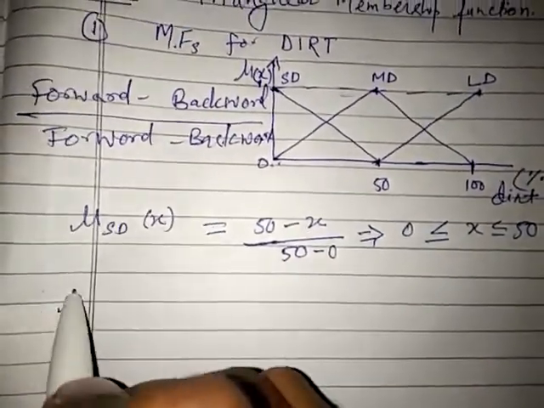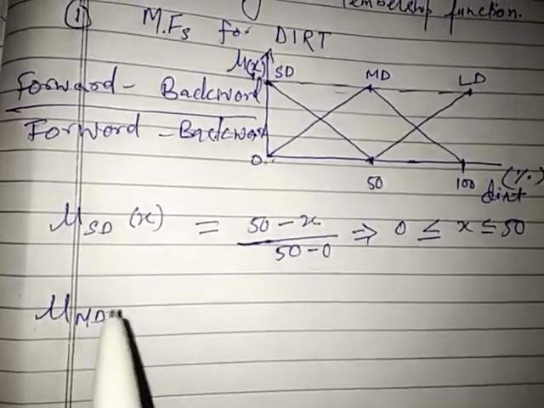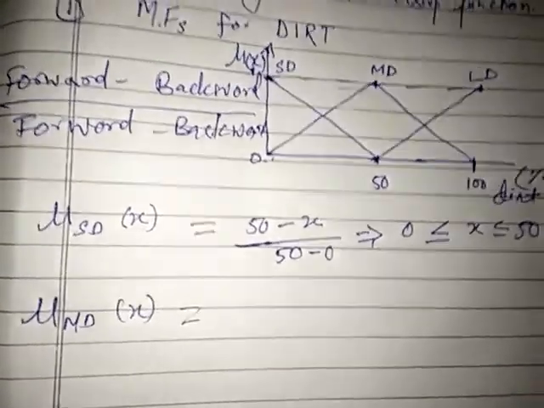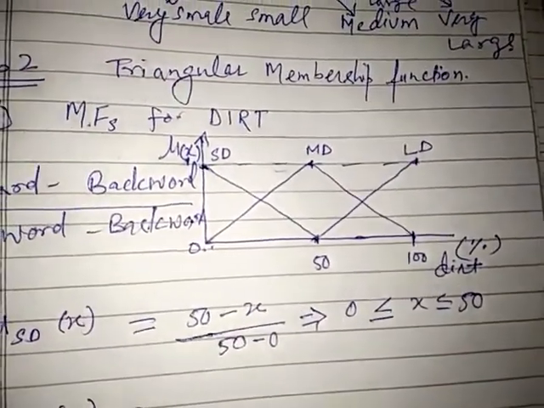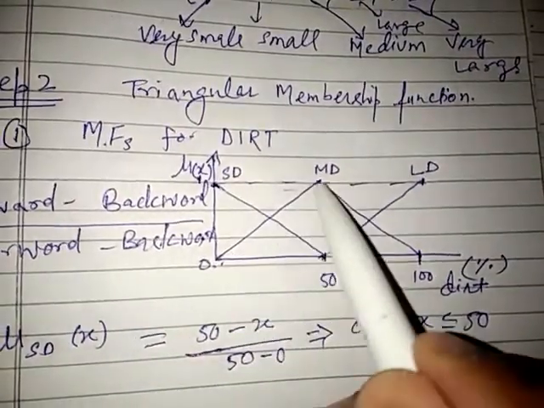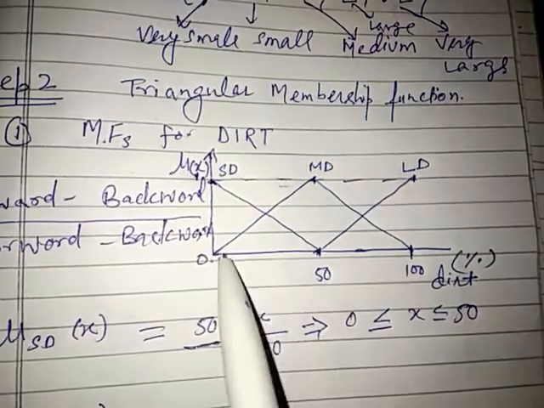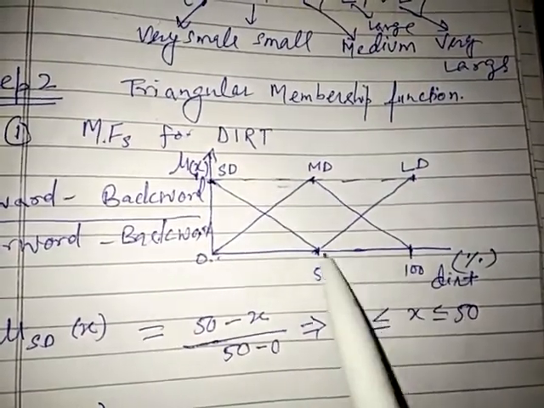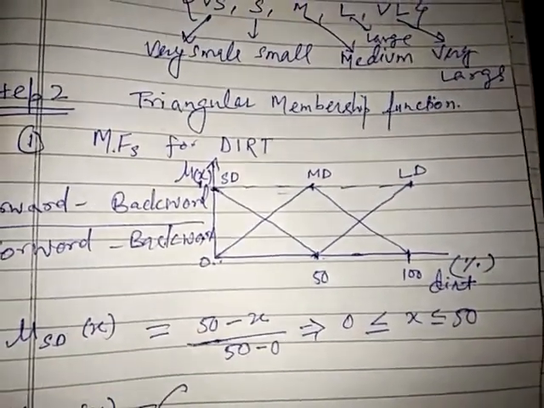Same concept for the medium dirt. In the case of medium dirt, we get two values, because one value goes this way and the second goes that way.